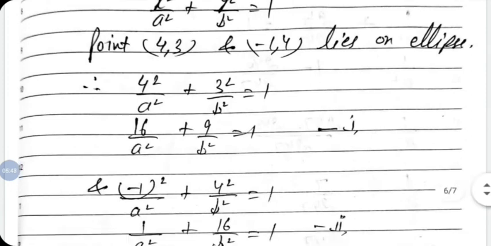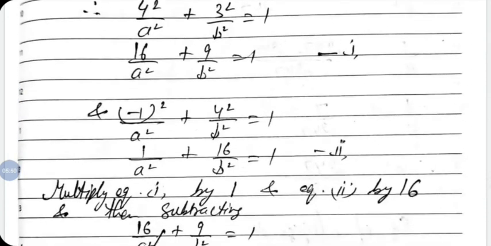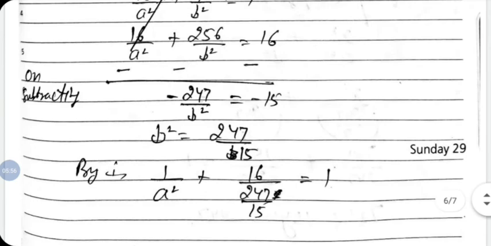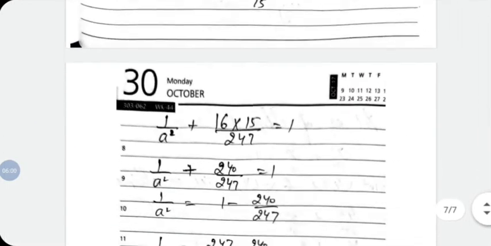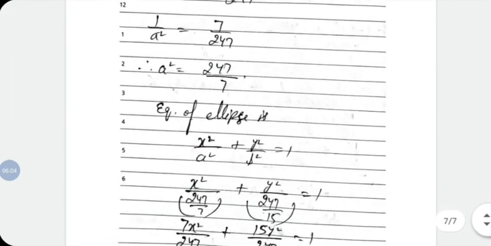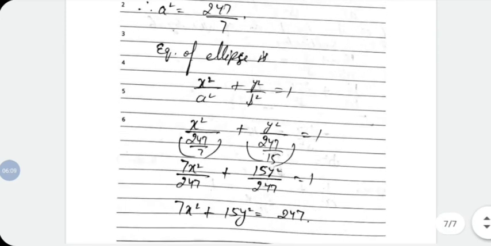The second equation is 1 upon a square plus 16 upon b square is 1. Solving, we get the value of b square as 247 upon 15. Placing the value in the first equation, we get the value of a square as 247 upon 7. So the equation of the ellipse x square upon a square plus y square upon b square is equal to 1 becomes 7x square plus 15y square is equal to 247.